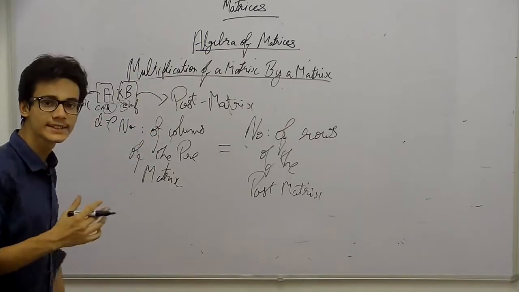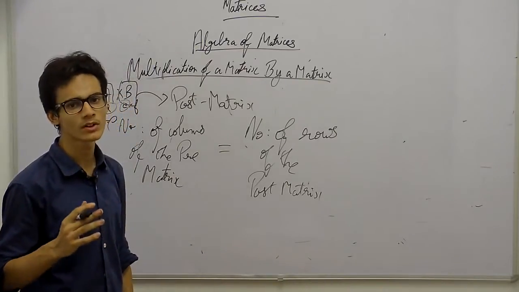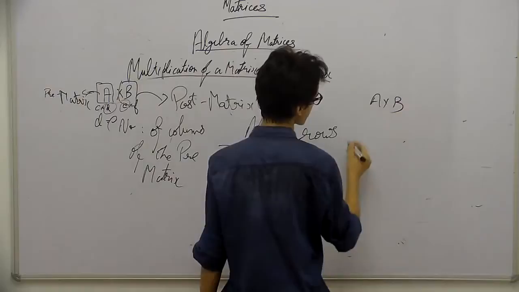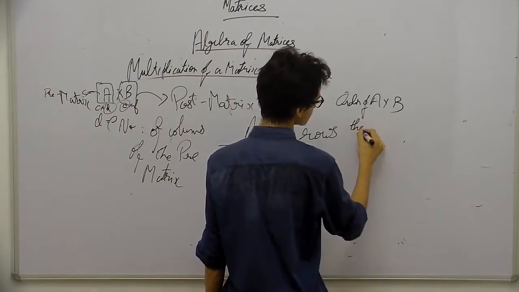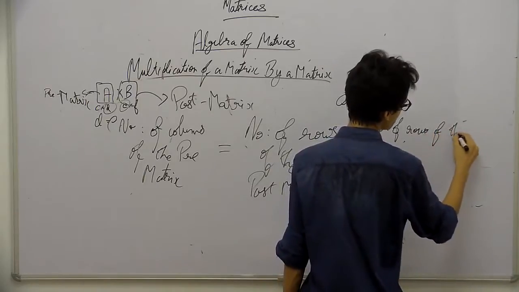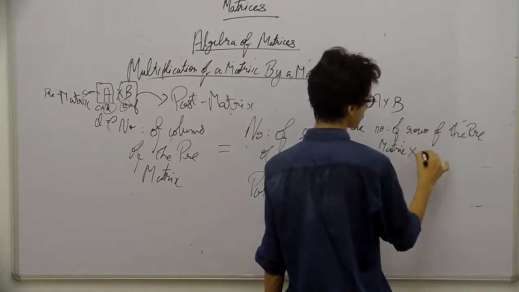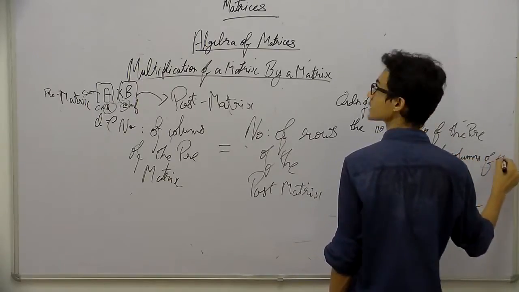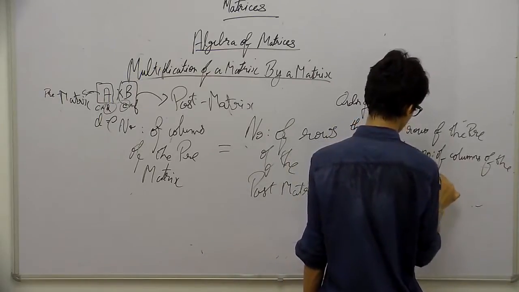If the order of A is C by D and the order of B is E by F, the order of A into B will be the number of rows of the pre-matrix multiplied by the number of columns of the post-matrix.